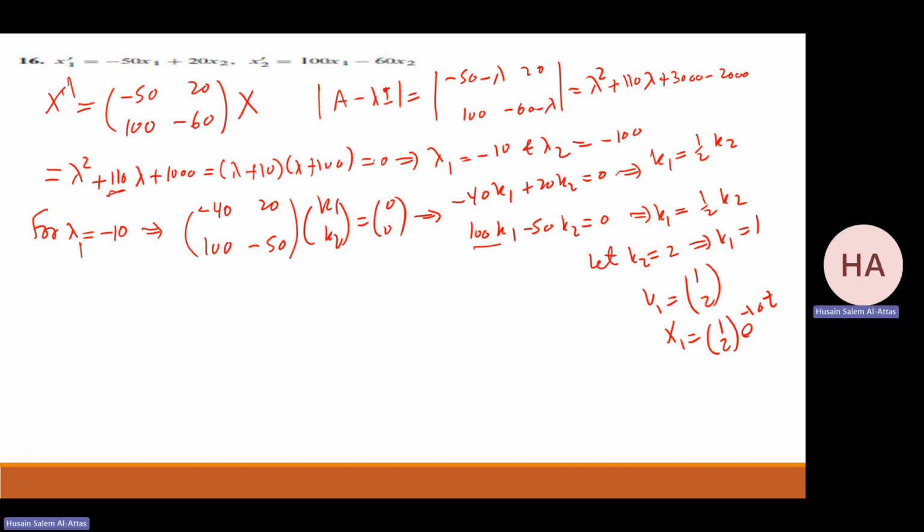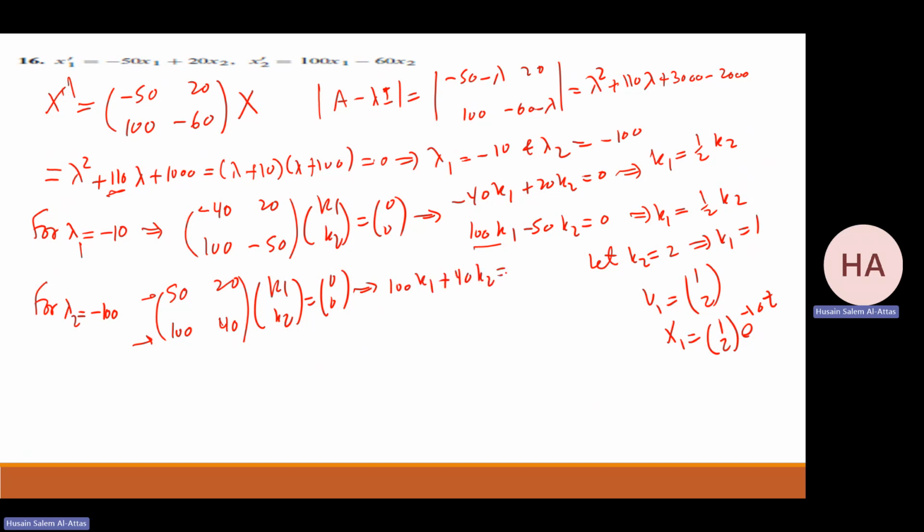Now, what will be for lambda 2 equals minus 100? What will happen? I have minus 50 plus 100, that will be 50, 20, 100, minus 60 plus 100, that will be 40, times K1, K2 equals 0, 0. Very clear, multiply by 2, you get this. So I have only one equation, plus 40 K2.